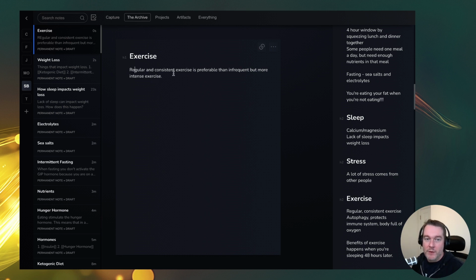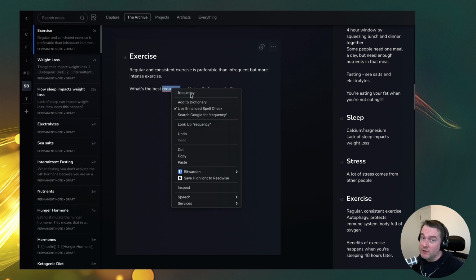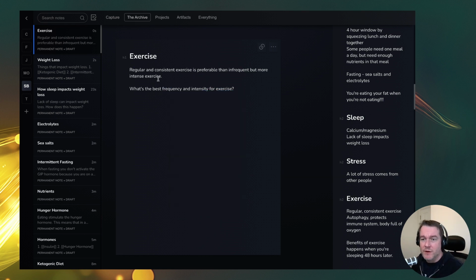I can't tell you why that would be. So I'll put a little note: what's the best frequency and intensity for exercise? And that may depend on your goals, as far as I know.